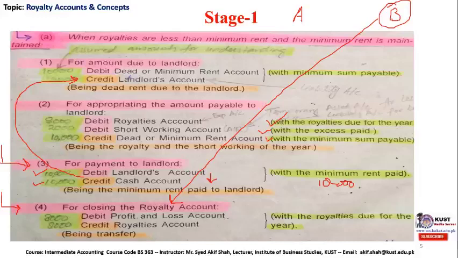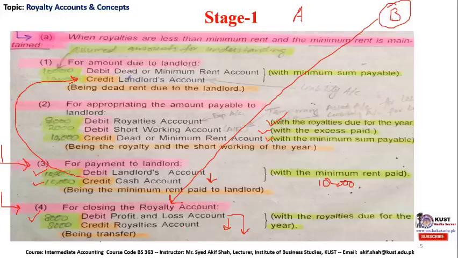When there is decrease in royalty account, which is an expense account which has to be set against the profit and loss account, normally the profit and loss account balance is in credit. Therefore we have to give a debit entry to the profit and loss account by 8,000, and it will decrease the profit and loss, or we can say the net profit of the lessee or company, and then give a credit to the royalty account so that the royalty may be written off or transferred to the profit and loss account.